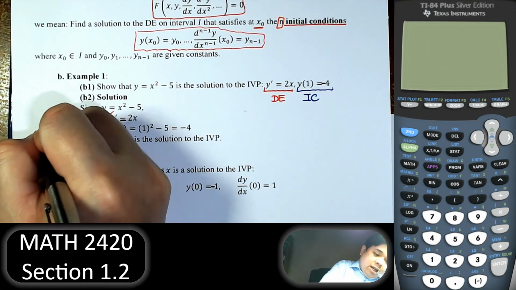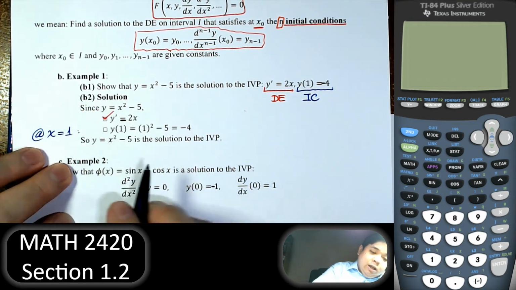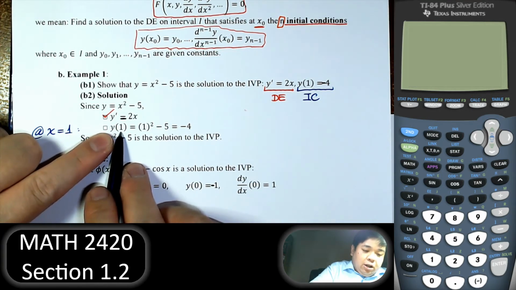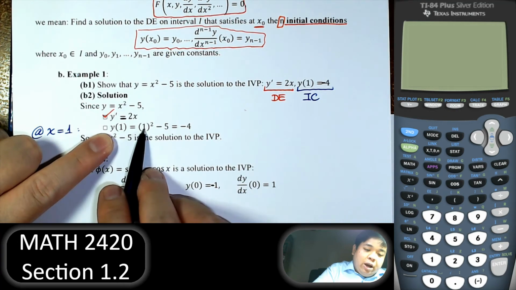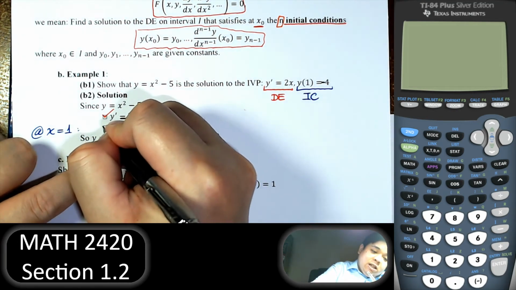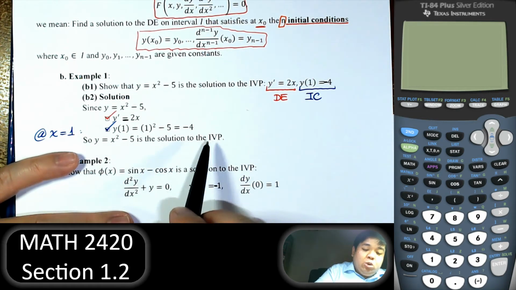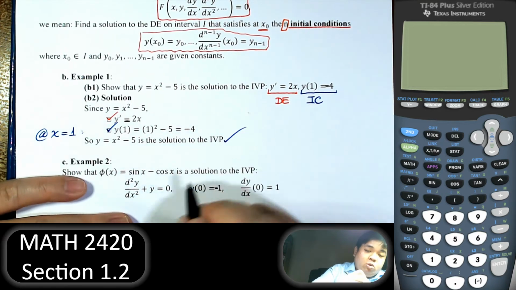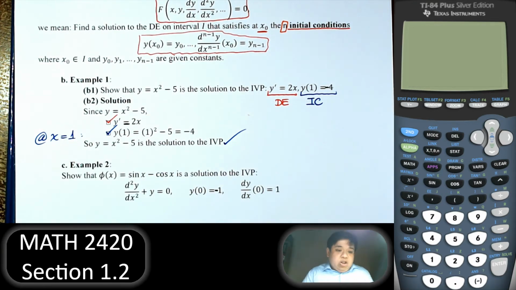So we say at x equal to 1, y of 1, put 1 in for x. 1 squared is 1, minus 5 is minus 4. So yes, it is negative 4. So we say y equals x squared minus 5 is the solution to the initial value problem. So that's one check, to check for the differential equation and check for the initial condition.